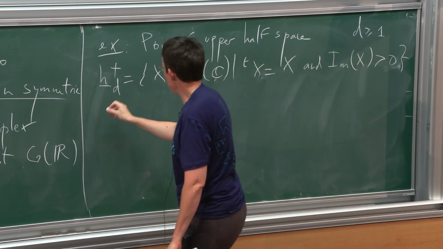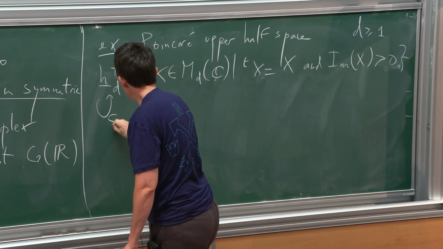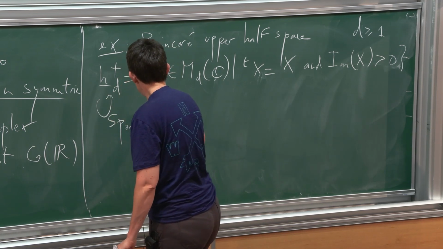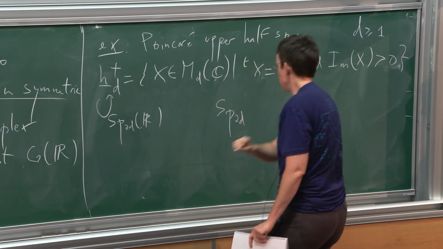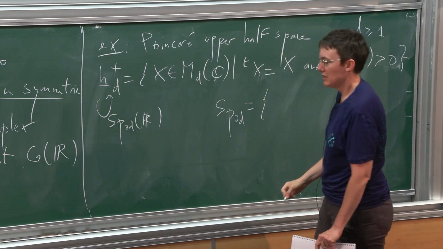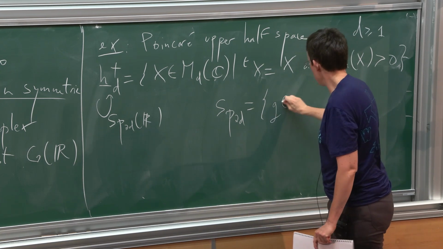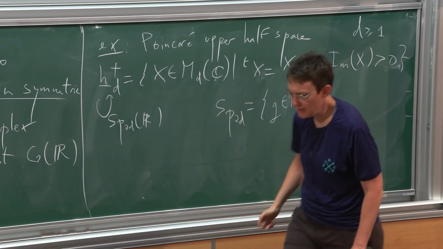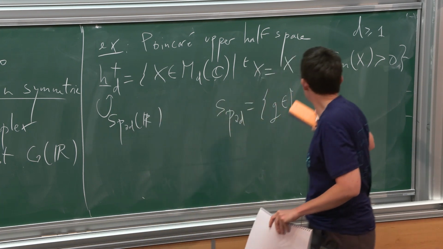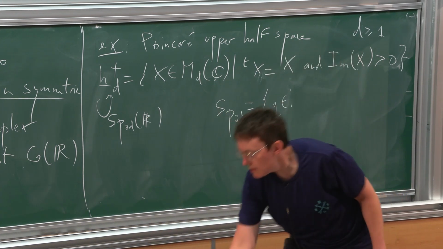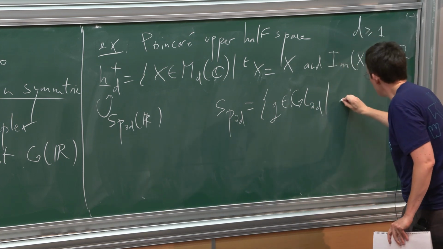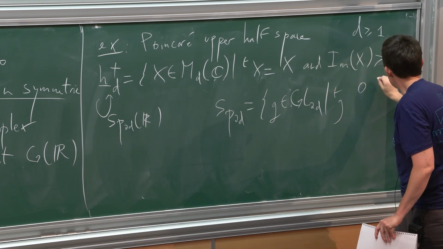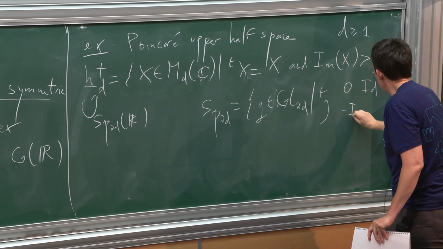Okay, so here you have an action of Sp_2d of R. So what is Sp_2d? Sp_2d is the symplectic group of, well, choose your favorite symplectic form. I'm going to use the symplectic form that is just (0, identity; minus identity, 0).